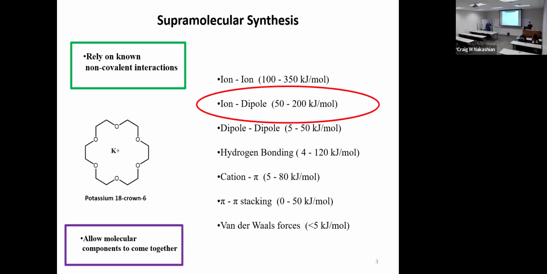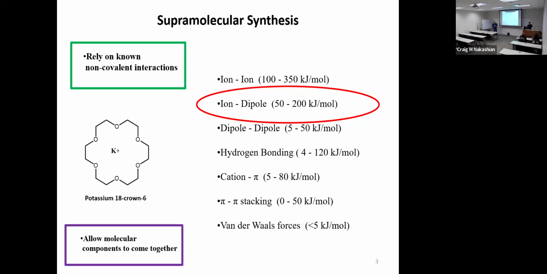Our first example is what's called an ion-dipole interaction in the molecule potassium 18-crown-6. Potassium is the ion in the center, and the 18-crown-6 is what's called a crown ether molecule. Nomenclature-wise, 18 means there are 18 total atoms, and there are 6 oxygen atoms that make up, in essence, a crowned structure.